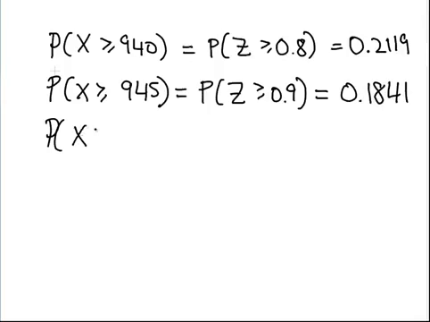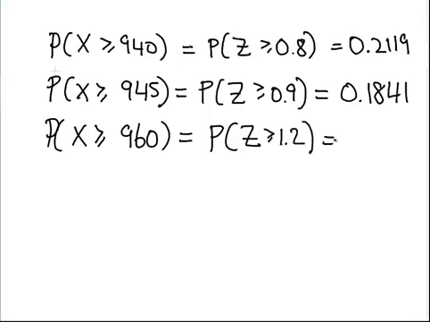The probability of x being greater than 960 is equal to the probability of z being greater than 1.2, and that was 0.1151. So that is the first part done of this worked example.